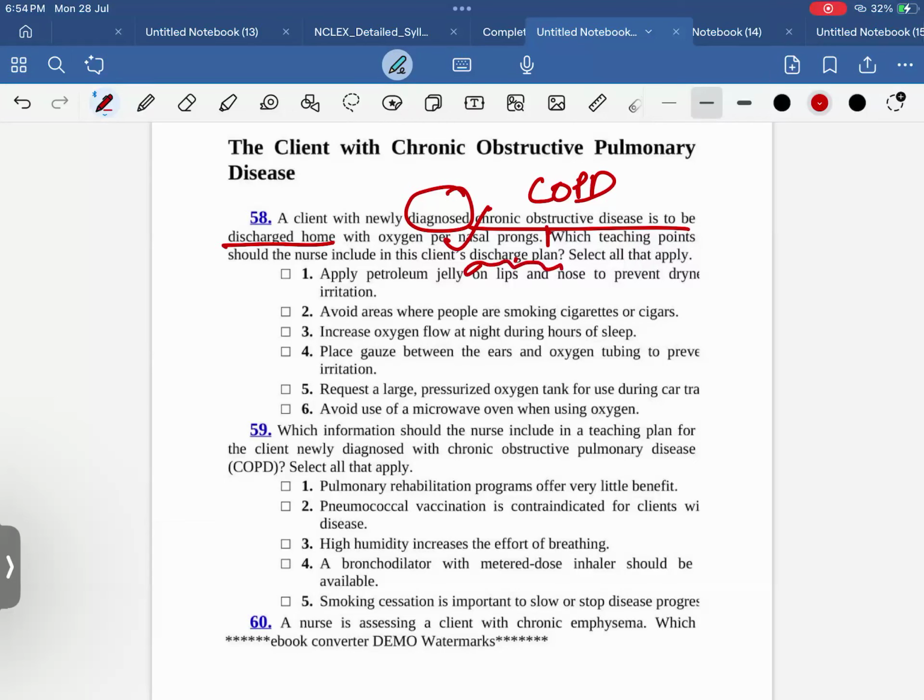Do you know about the diagnosis? Do you know what the question is asking from you? What teaching point should the nurse include? Health education, discharge planning, home care.